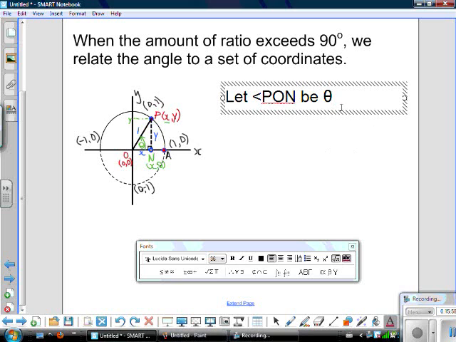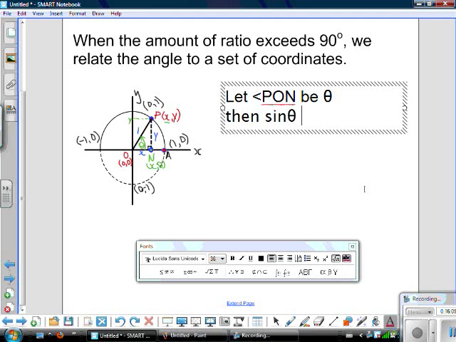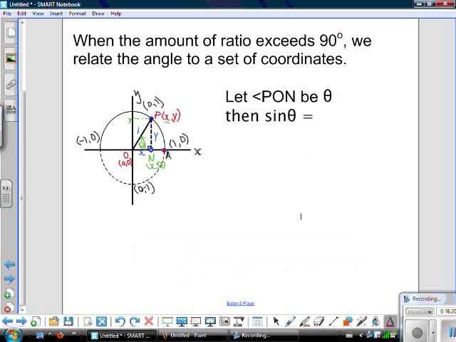So if that is true, then we also know sine theta equals, well, let's talk about this. When we talk about sine and cos, we're thinking SOHCAHTOA. So we know that sine theta is opposite over hypotenuse.